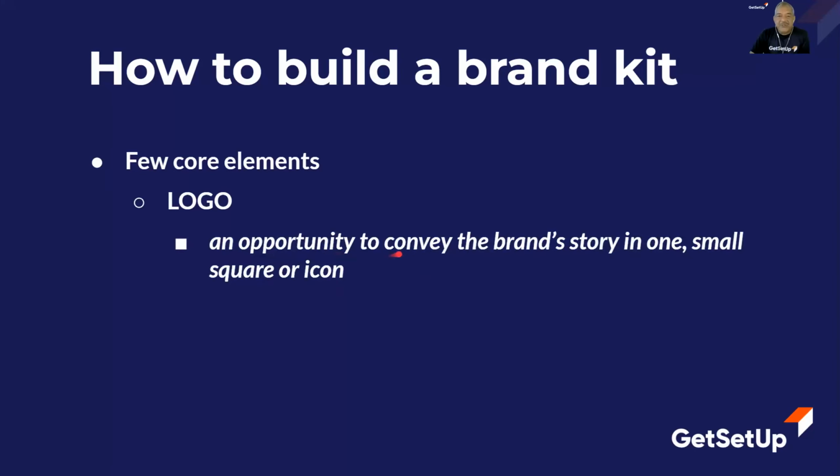This is an opportunity. What the logo does is give an opportunity to convey the brand's story in one small square or icon. We don't have to write Nita's art gallery. We don't have to write so much. Just a small logo, done. The brand recall is very strong there. Now, take for example McDonald's.